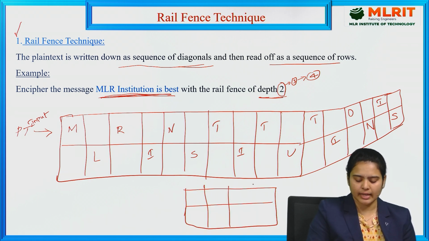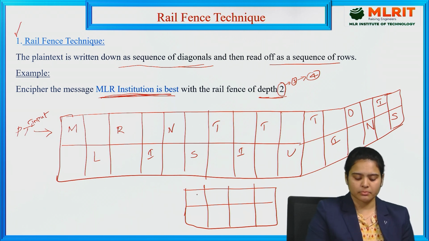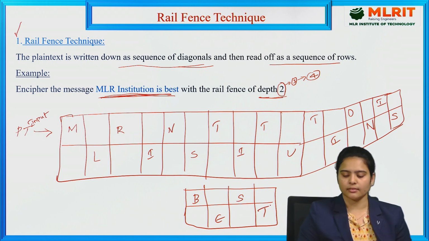I didn't have enough space, so I am writing here "best", that is B, E, S and T.